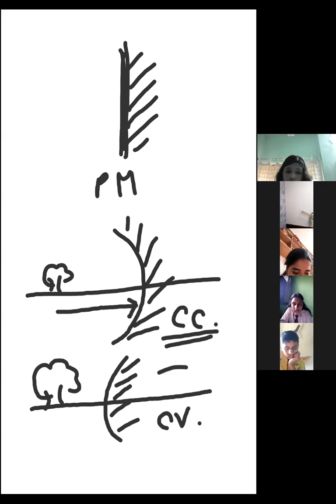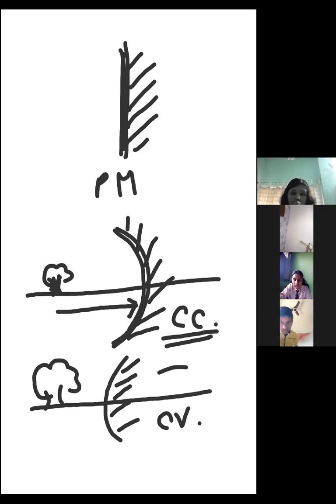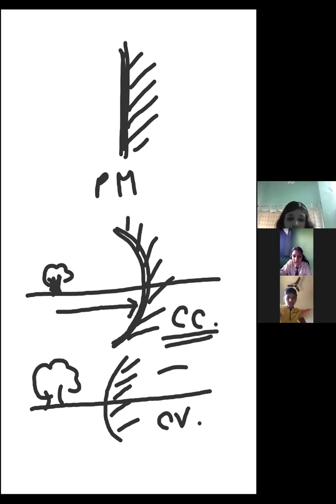Now, in case of concave mirrors, what will you see? Suppose this is a mirror, and you have placed a toy tree, not a real tree, a very small toy tree, in front of the concave mirror. What will you see? It will look bigger in the concave mirror. You must have seen it in magnifying glasses also, whatever you see becomes bigger, it becomes zoomed in.